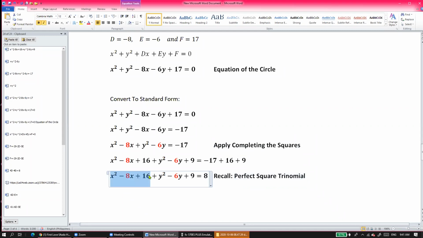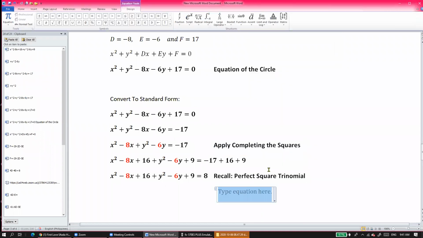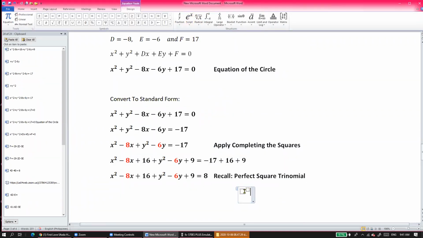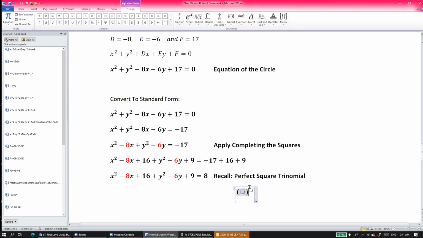That means this is a PST, and this is also a perfect square trinomial. So how is the flow of our calculation now? It's that simple. I'll just write a parenthesis that is squared, and inside of it, this is how simple the terms are.